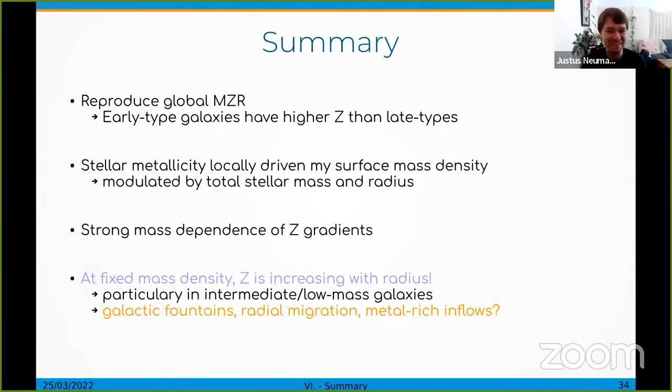No, I haven't, but this is interesting and definitely something that can be done, because there are so many people working on the MaNGA samples, so the sample of AGN is already well characterized, and also the environment. There have been environmental studies of the metallicity gradients already, but not in relation to the surface mass density as well. But this is definitely easily possible in the future. Yes, thanks.